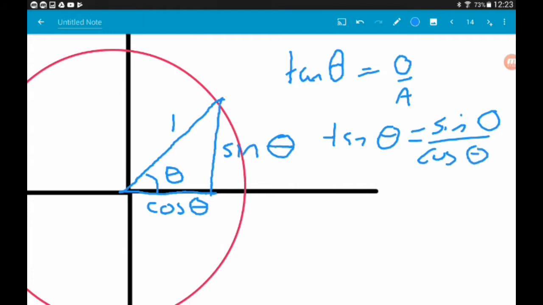Now we could be a little bit sneaky and think of this as tan of theta being the y coordinate over the x coordinate. That's probably the simplest way to think of this as we go through. So let's think about this.